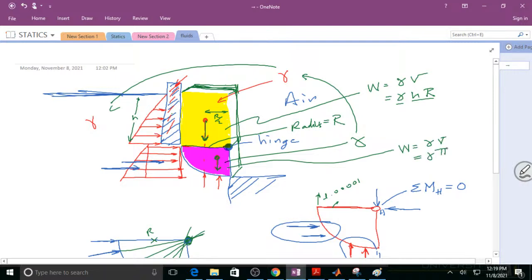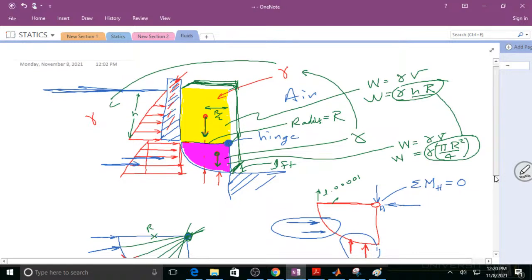Gamma times pi r squared over 4, because you only got a quarter circle there, times 1 foot into the board. So that's the weight there. The total weight should be this one and that one put together for the vertical.